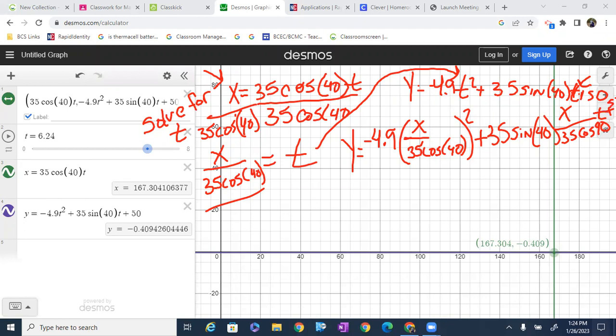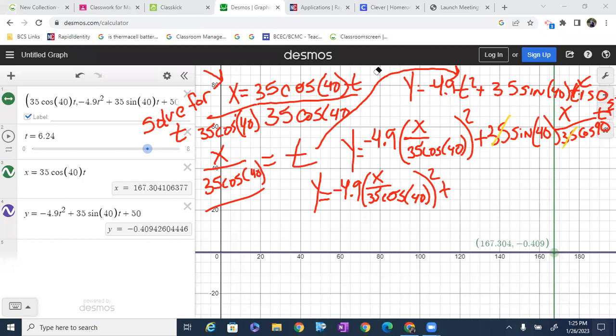Now, we're going to clean it up just a little bit. So I'm going to write it out one more time. y equals negative 4.9 times x over 35 cosine of 40, squared, plus 35. Now notice what happens with those 35s. There is a 35 on the top and there is a 35 on the bottom.